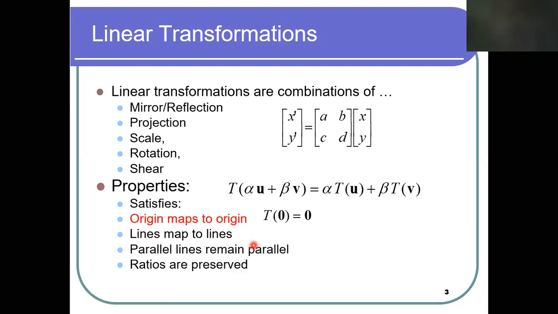It means that each element of the domain is an n cross 1 column vector, and each element of the range is an m cross 1 column vector.